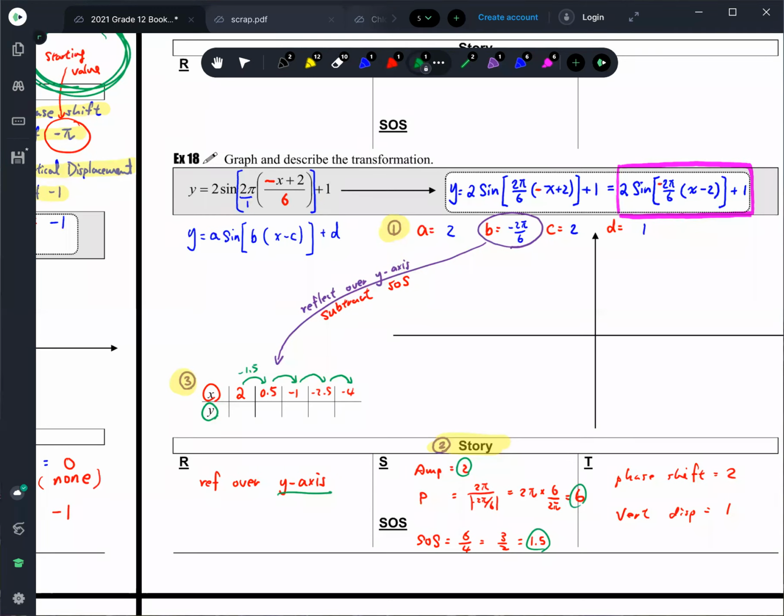All right, so now for the y values. Jenny, what's your y value? I got 0, 2, 0, -2, 0. Is that what you said?